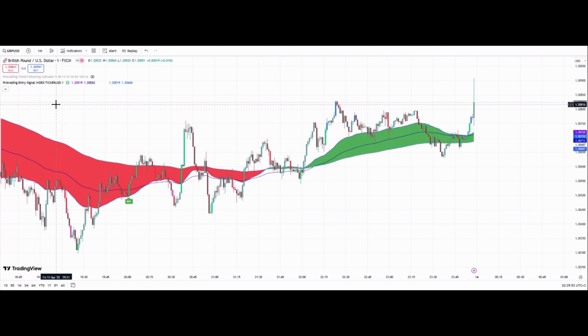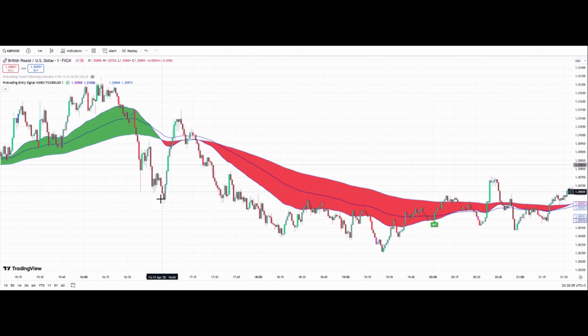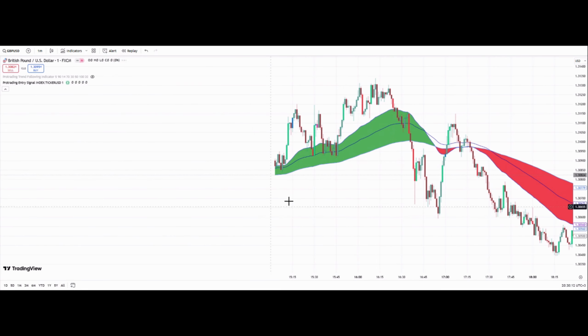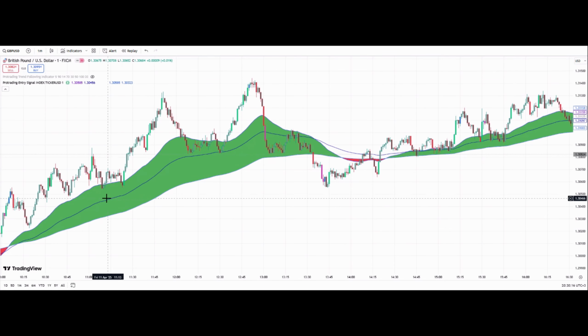This is a scalping strategy, though you can also use it for swing trading, but the strategy we are discussing today is for scalping, so you can easily use it to make a good profit from the market, and it works in a very straightforward manner. We'll be handling this with this indicator, our pro entry signal.